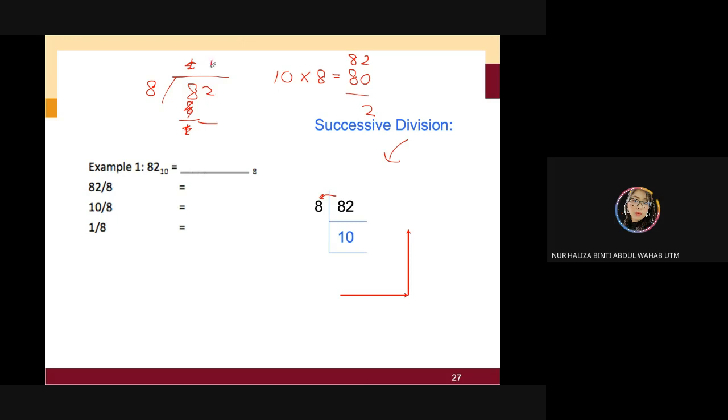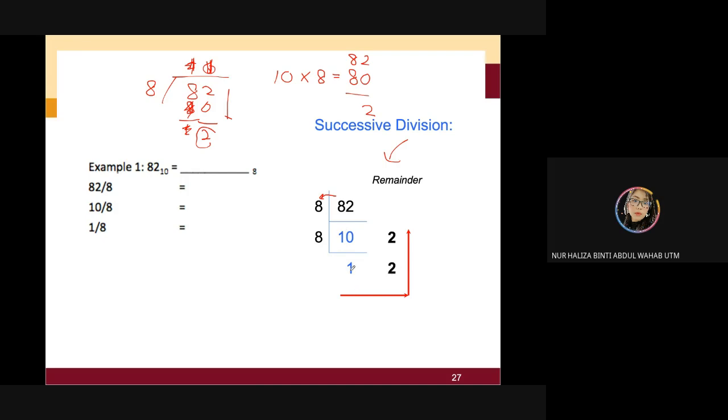Okay, 80, then you get a remainder of 2, and you continue. 10 can still be divided by 8, so you get 1 times 8, which is 8, and there is still a remainder of 2.